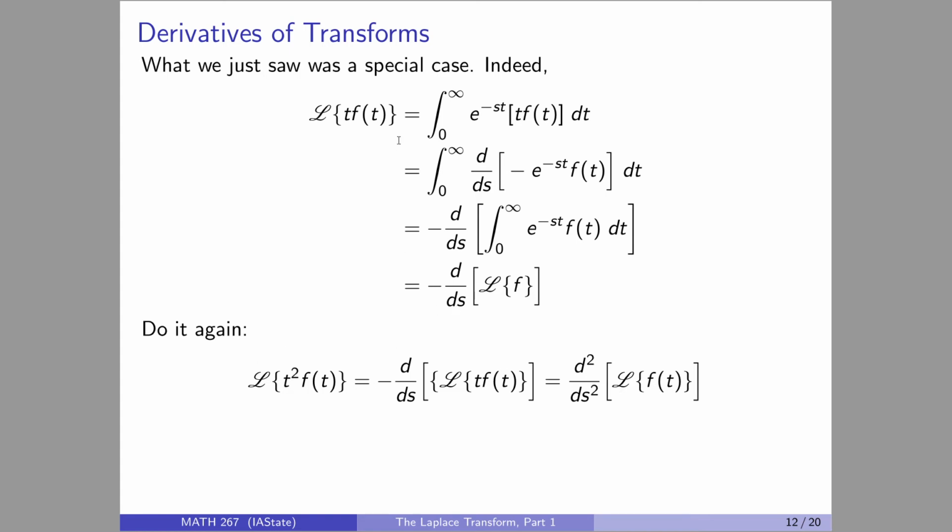So if you were to take the Laplace transform of t squared, well, one of the t's can be peeled off, and we'll get negative the derivative. And then you can peel off that other t with another derivative and another negative, so it goes positive. So in general, the Laplace transform of t to the n times f of t is negative 1 to the n times the nth derivative with respect to s.